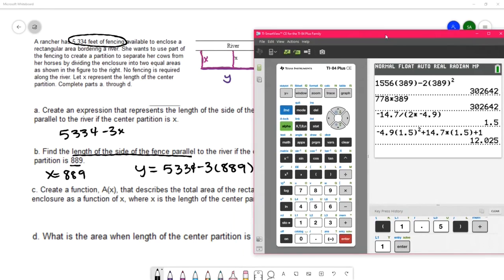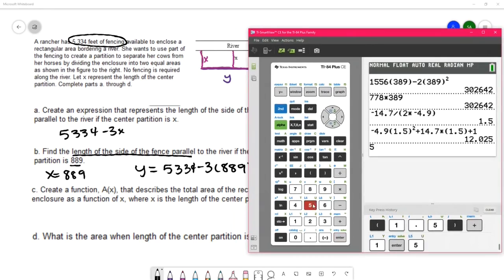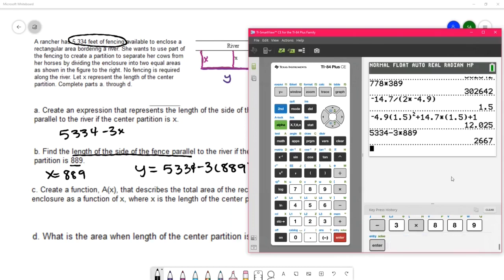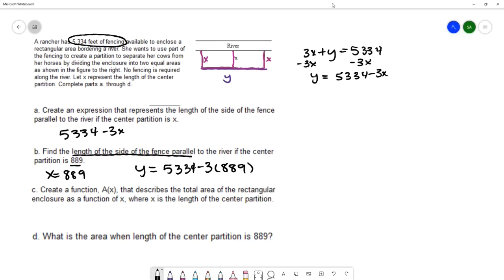So that's 5,334 minus 3 times 889 and that gives 2,667. And the units that we're using in this problem, let's see, are feet. So that's 2,667 feet.